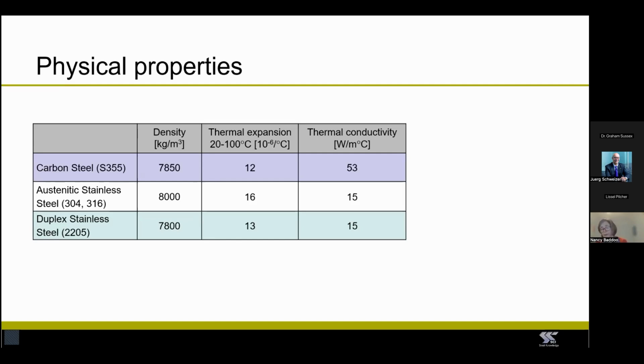For example, when you're connecting a balcony, you might use a thermal break. So low thermal conductivity is helpful. But it can be less helpful, for example, when you're welding, because the heat doesn't get conducted away.